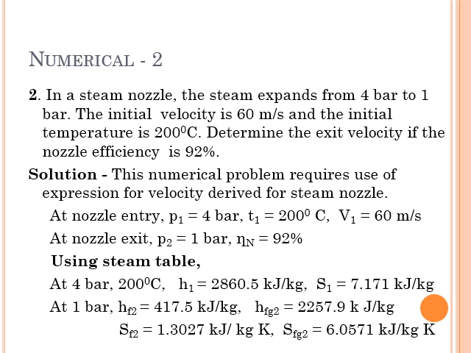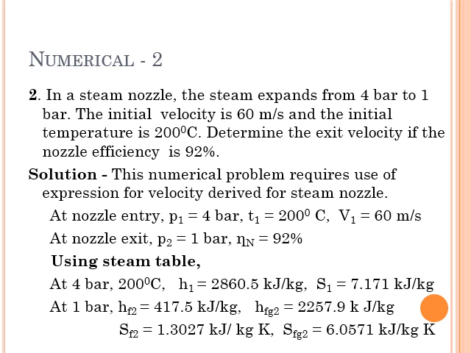Numerical 2. In a steam nozzle, the steam expands from 4 bar to 1 bar. The initial velocity is 60 meter per second and the initial temperature is 200 degrees Celsius. Determine the exit velocity if the nozzle efficiency is 92%. Now the solution.